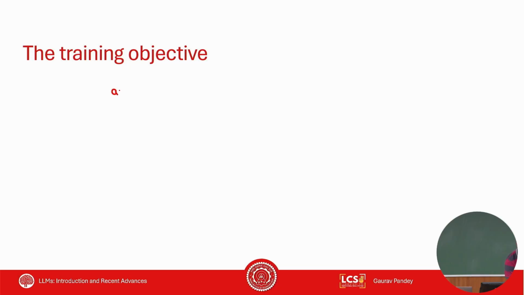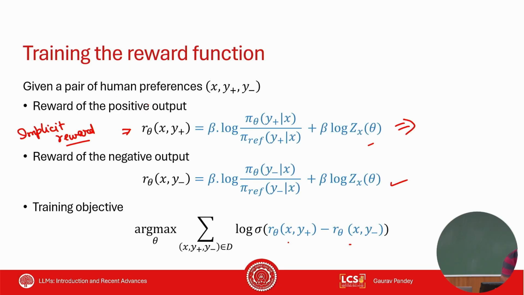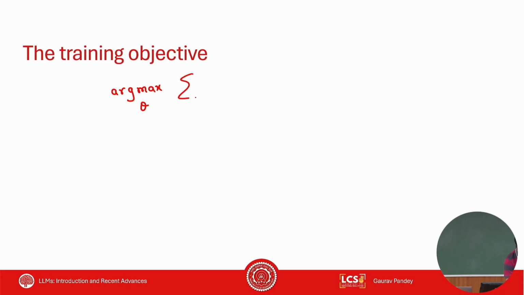So what we'll get is argmax over theta of the summation over all these preferred and rejected responses that we have in the training data.